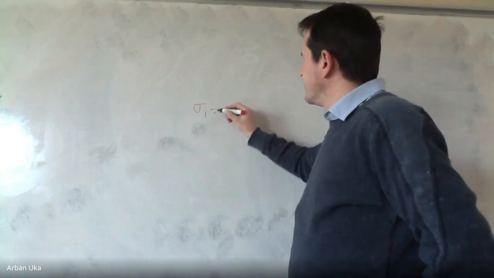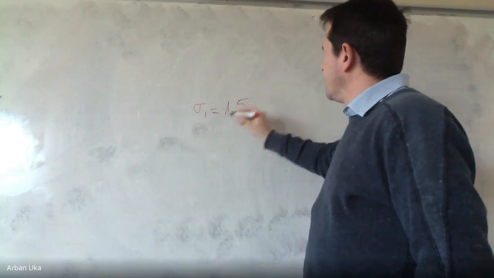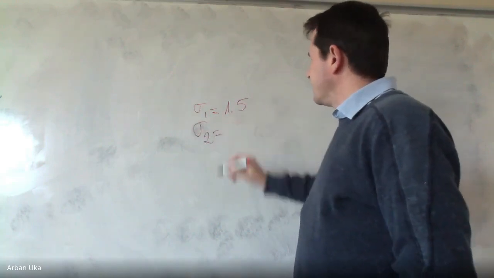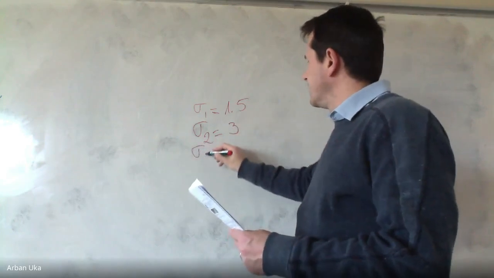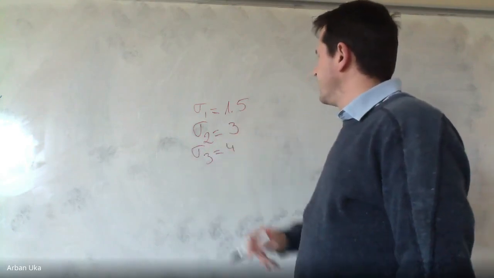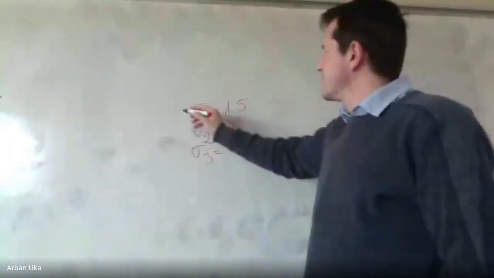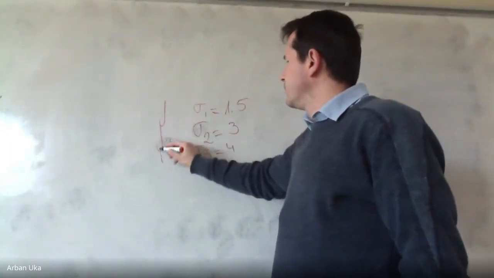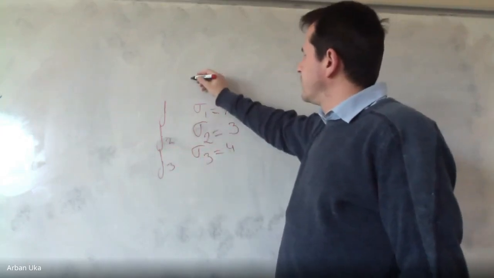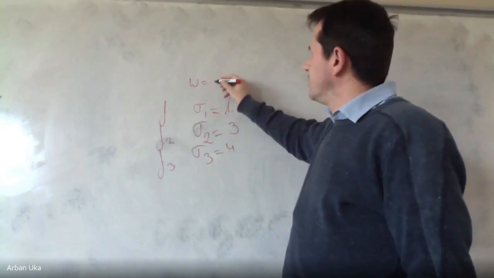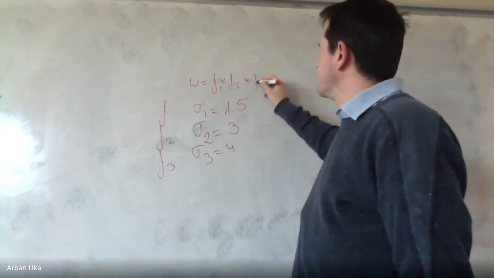Let's assume we have a filter which is something like 1.5 and another filter which is equal to 3 and another filter which is equal to 4. So if we have these three filters, F1, F2, and F3, what would be the standard deviation for a filter W, which is the convolution of these three?